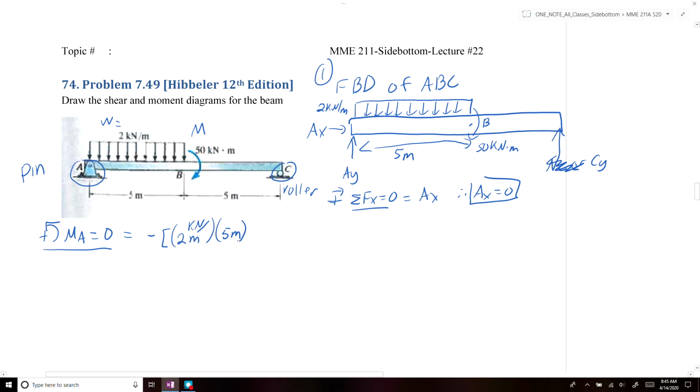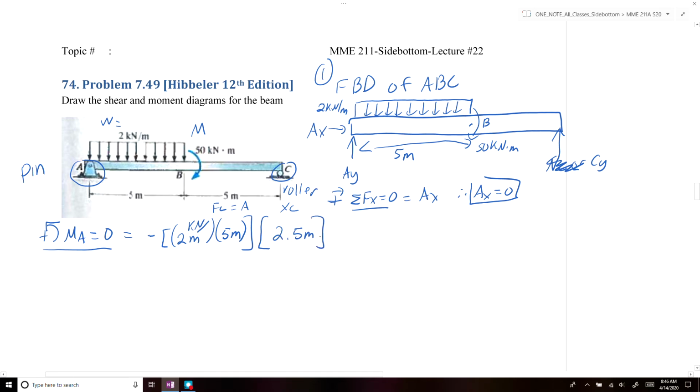That'll give us the concentrated force due to that distributed load, which is just equal to the area under the distributed load diagram. So since we have a rectangle, it's just the intensity of the distributed load times the length, and then we multiply that by the centroid of our distributed load, x sub c. Since it's a rectangle, it's just going to be equal to half the length of the distributed load. So in this case, it would be equal to 2.5 meters.